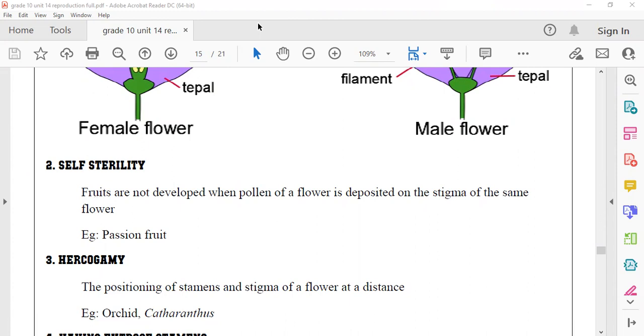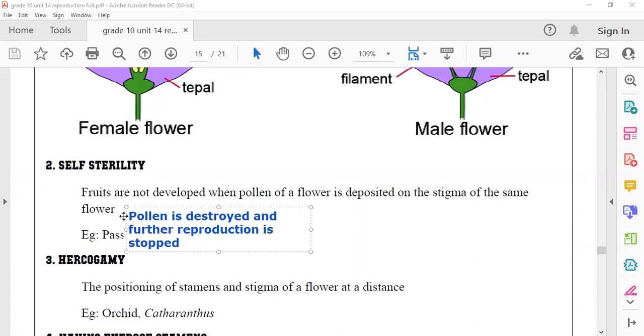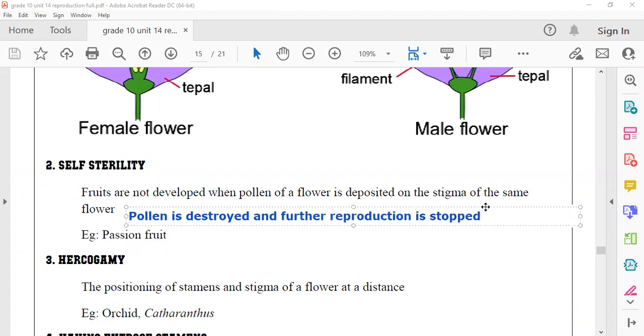Actually, what happens is the pollen is destroyed and further reproduction is stopped.